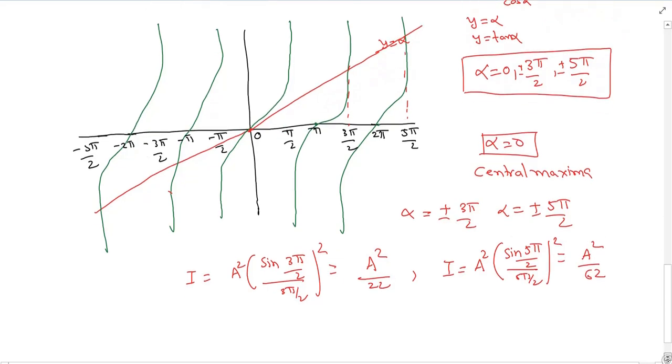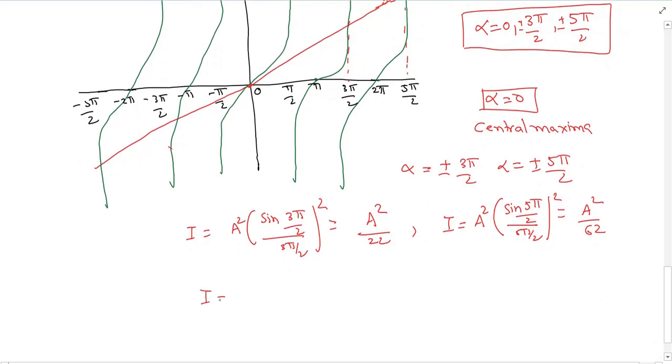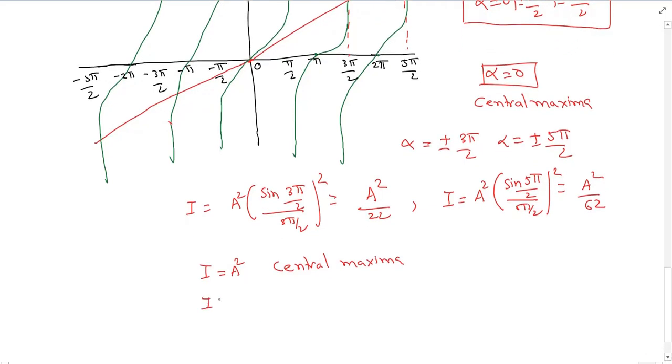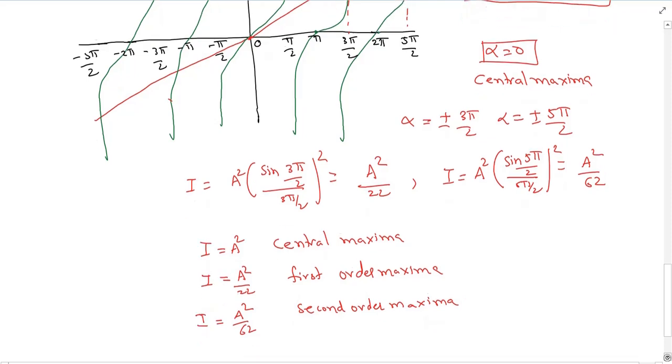So in the case of diffraction, we are getting I equal to A squared as central maxima, I equal to A squared by 22 as the first order maxima, and I equal to A squared by 62 as the second order maxima. So we can understand that as the order is increasing, the intensity is going to decrease.